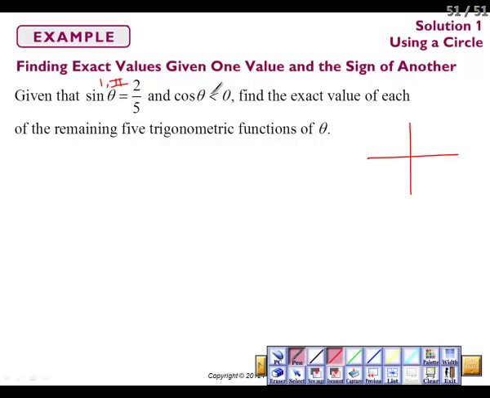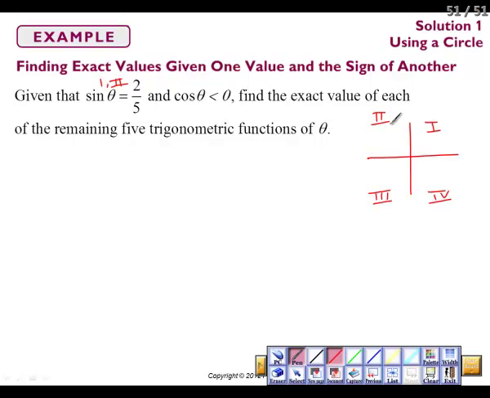But cosine is negative. Well, cosine is like x. And x is negative in what two quadrants?